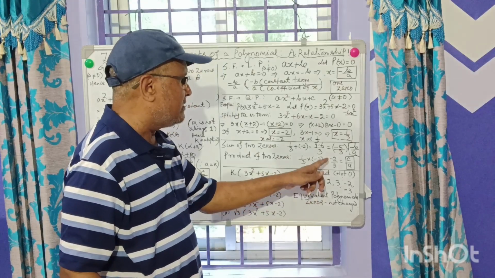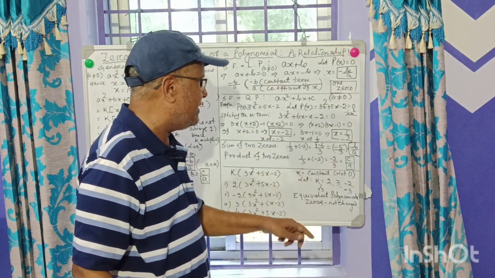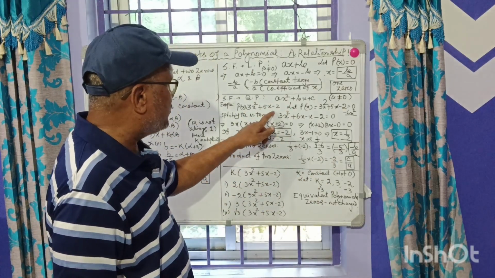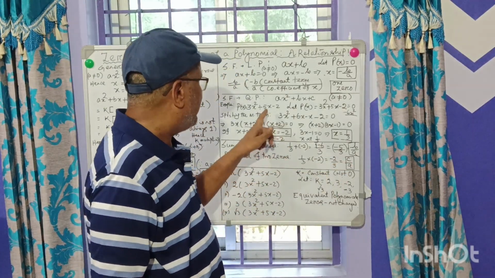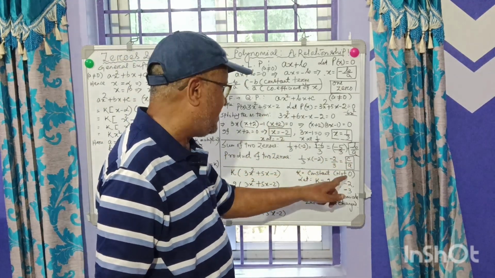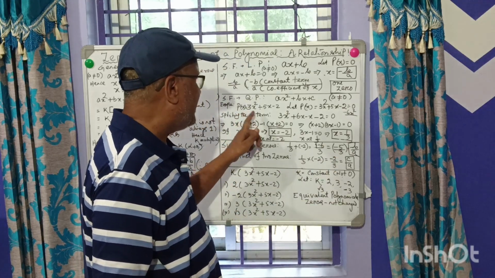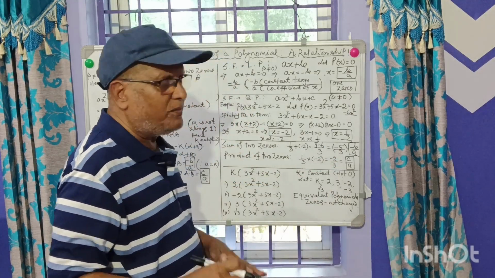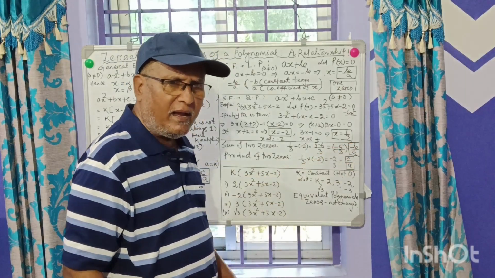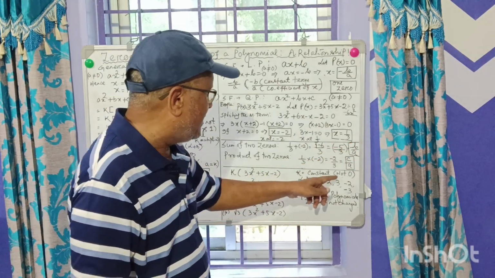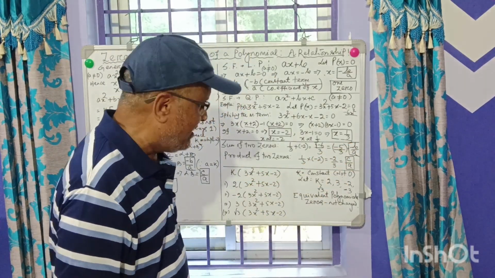So what do you get? The result is minus 2 by 3. Let us compare. Minus 2 is the constant term c, and a is the coefficient of x square. So the sum of the two zeros is minus b by a and the product of the two zeros is c by a.